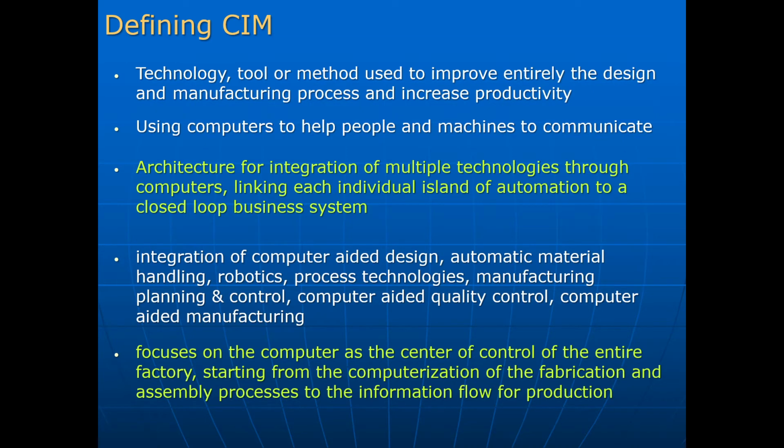So the definition: a technology, tool or method used to improve the entire manufacturing process and increase productivity, using computers to help people and machines communicate. It is an architecture for the integration of multiple technologies through computers, linking each individual island of automation into a closed loop business system.